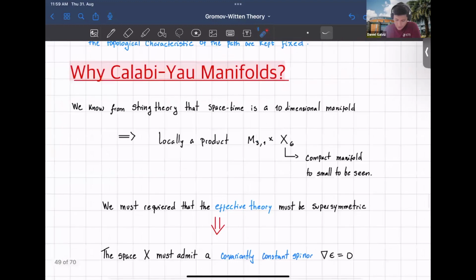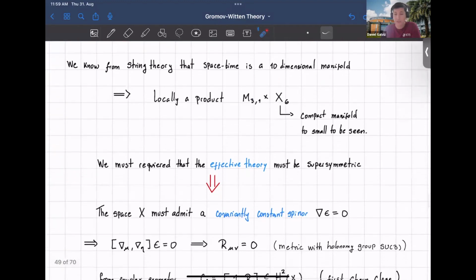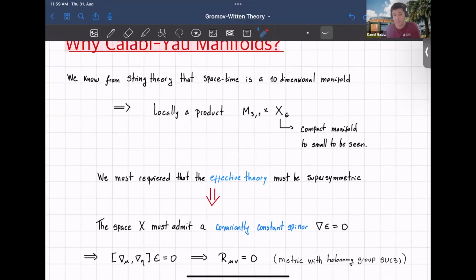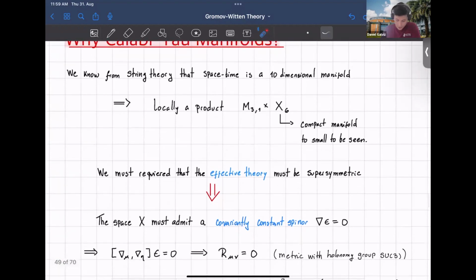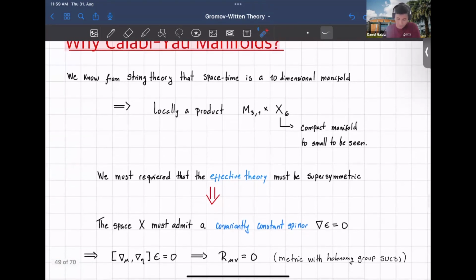But if you have taken a Riemannian geometry course, or general relativity, you know that covariant derivatives define the Riemann tensor and the Ricci tensor. If you apply this definition of the Riemann tensor to our spinor, then we obtain that the Ricci tensor has to be 0.